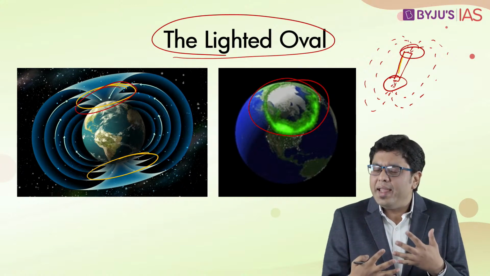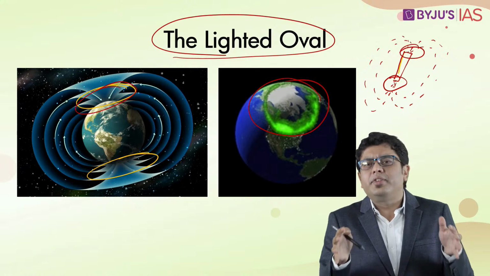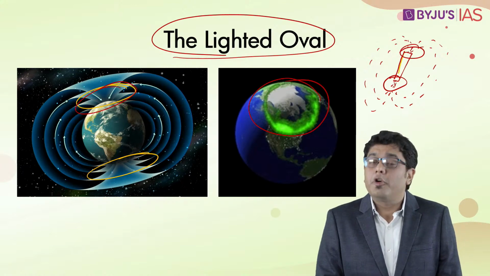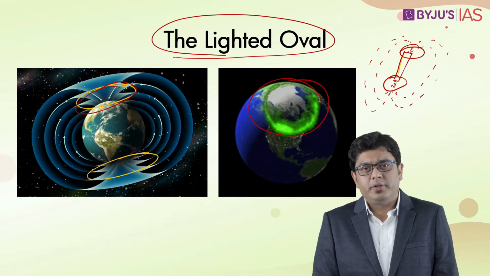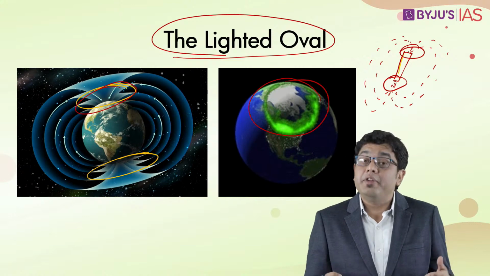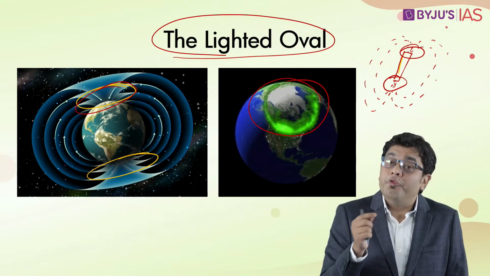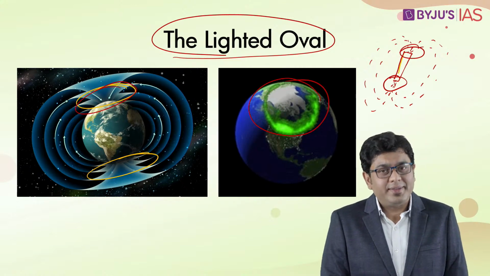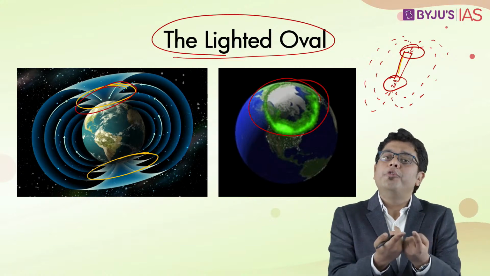And that is why we end up observing these northern lights from a considerable distance in the lower latitudes as well. For example, sometimes when you go to 60 degrees north, ideally it is far away from the poles, but still you will be able to visualize and experience these northern and southern lights because they occur in an oval shape.